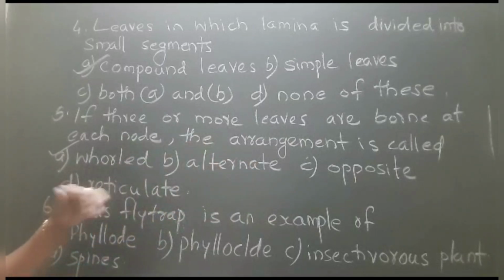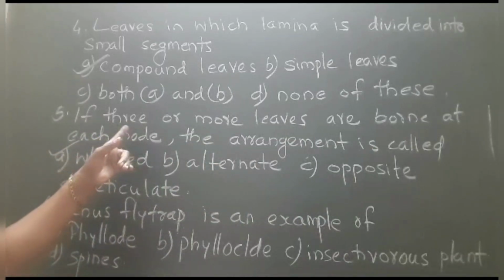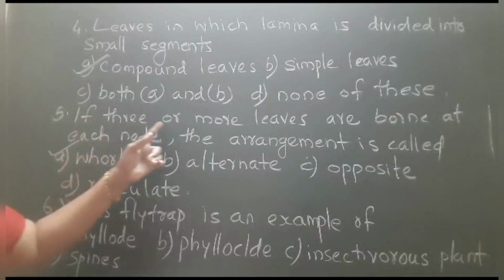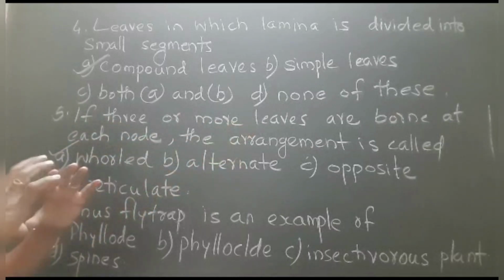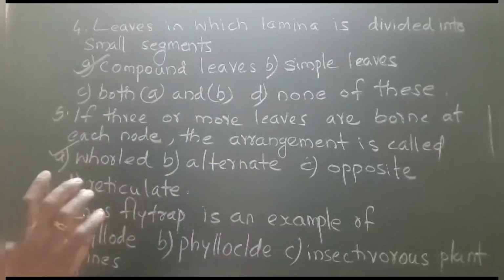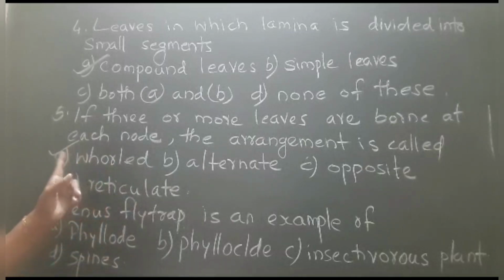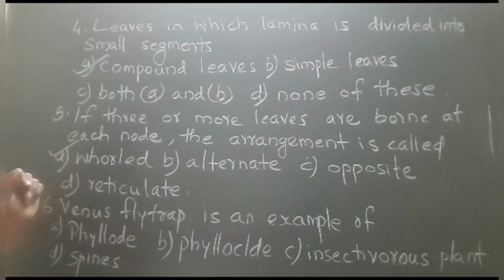These are names of leaf arrangements. It is specified here, if 3 or more leaves are borne at each node, that kind of arrangement is called whorled arrangement. Whorled phyllotaxy is the correct answer. So option A is the correct answer.